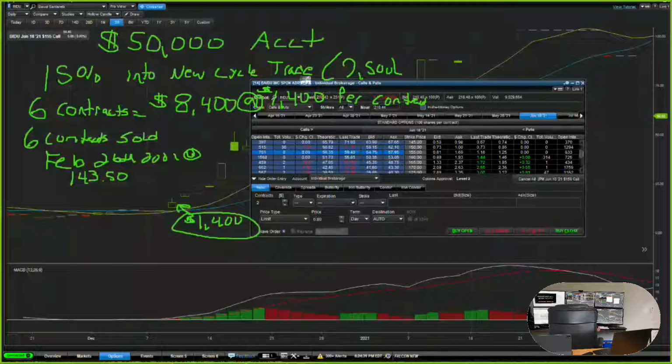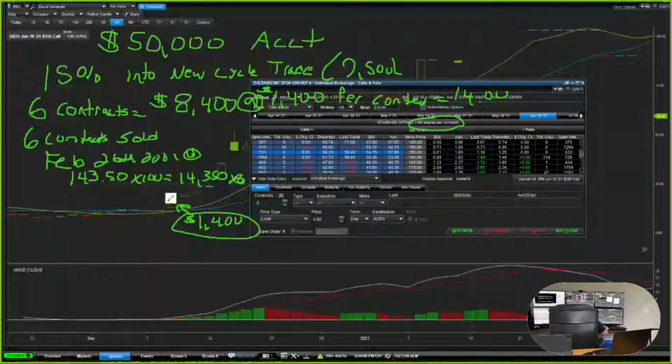So you bought it for $14 a contract. Remember, there's 100 shares per contract. That's why we have to multiply that $14 by 100 to get that 1,400. So one contract's going to cost you 1,400. Now 143 times 100 equals $14,350 per contract times 6.